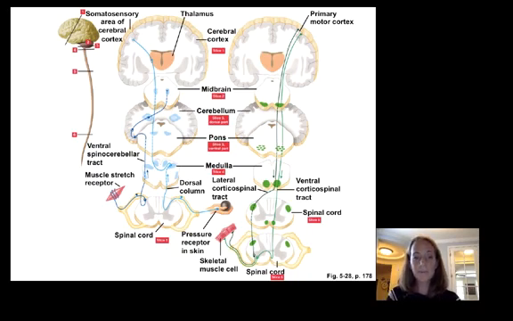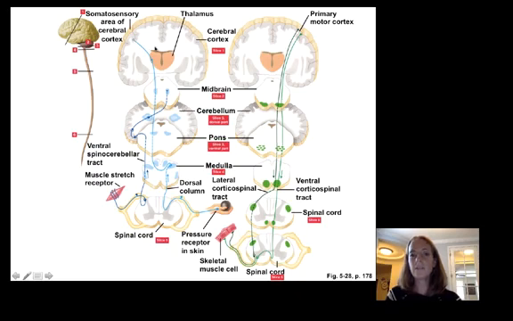So in general, what we talked about in the sensation lecture is that sensations come in through the dorsal spinal cord. Okay, so here is a muscle stretch receptor sending information to the dorsal spinal cord. That information is then traveling up the spinal cord through the brainstem to the cerebellum, or up the spinal cord through the brainstem and then up to the thalamus to the cerebral cortex.